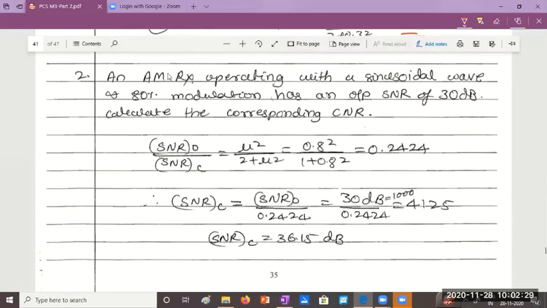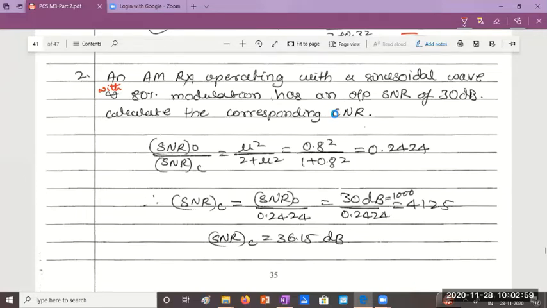An AM receiver operating with a sinusoidal wave with 80% modulation has an output signal to noise ratio of 30 decibels. Calculate the CNR, carrier to noise ratio.